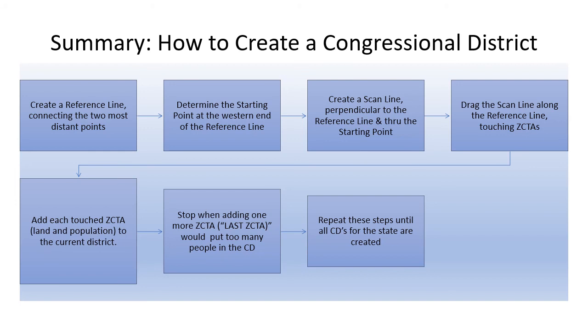We then begin dragging the scan line along the reference line, touching ZCTAs. As we touch each ZCTA, we add the land and population of that ZCTA to the current congressional district. We stop dragging the scan line when adding one more ZCTA would put too many people in the CD. And we repeat all of these steps until all CDs for the state are created.